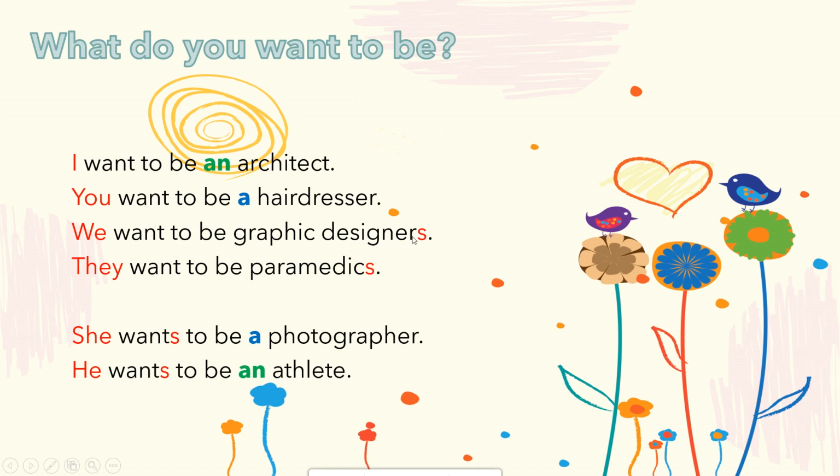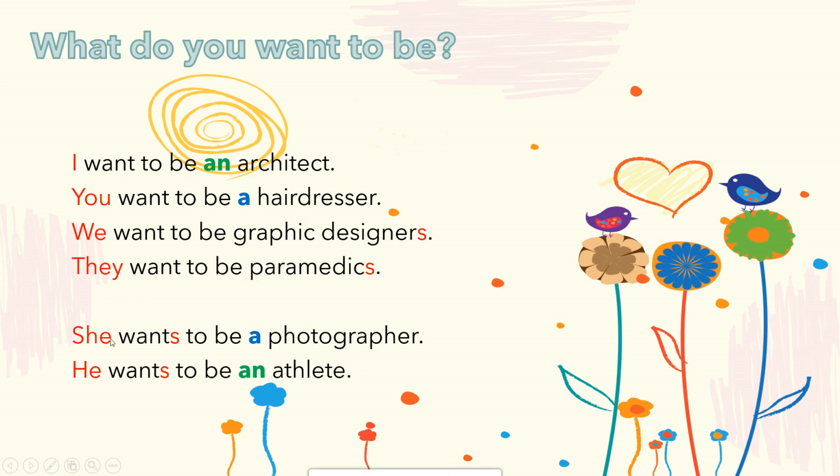But here, graphic designers are a lot of people because we used we. We is a pronoun for plural when it's a lot of people. The same with they. Look over here. They want to be paramedics. Okay, so when we have an S in the end, it means that there are a lot of people. And we do not put a or an before the word, all right?